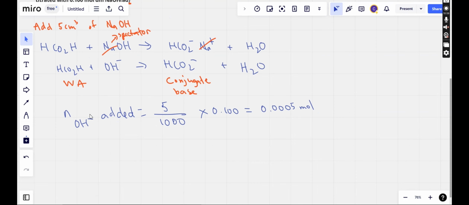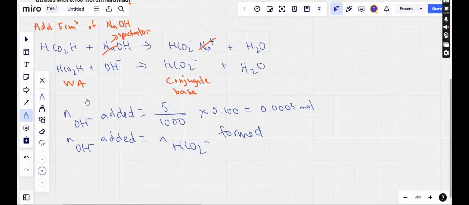So the amount of hydroxide added is equal to the amount of HCO2 minus formed. I try to go slightly slower here.